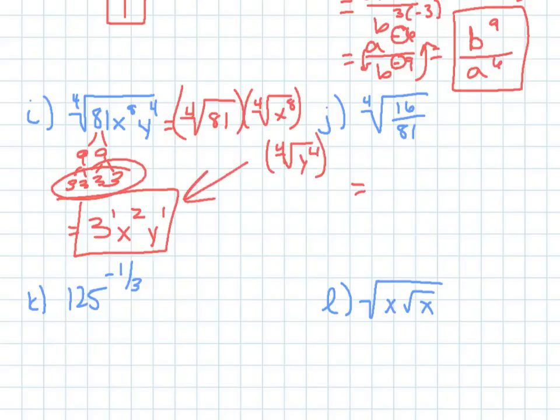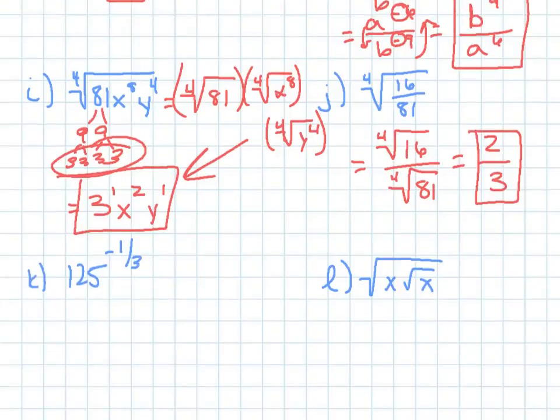And you could have done the same thing to get there. So here, the fourth root of 16 and the fourth root of 81. Fourth root of 16, there's 4 2's in there, so that gives me one group of 2's. And we just said that there are 4 3's in 81, so then it'd be 2/3.